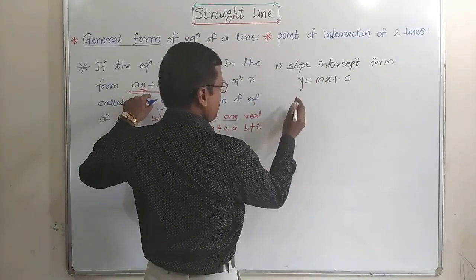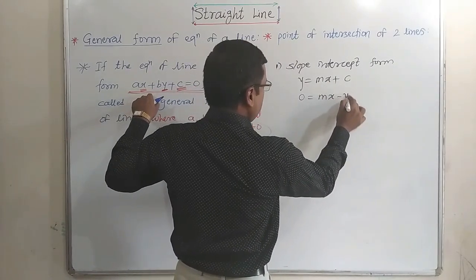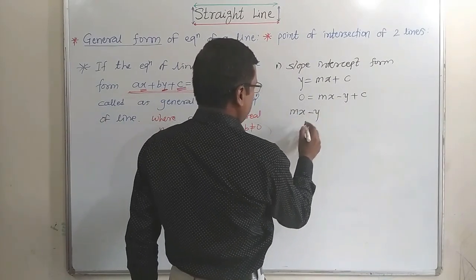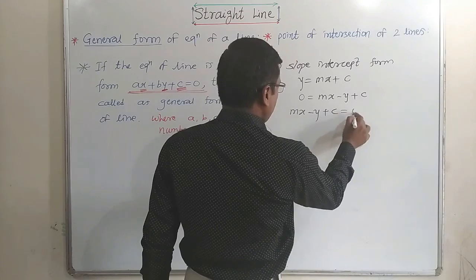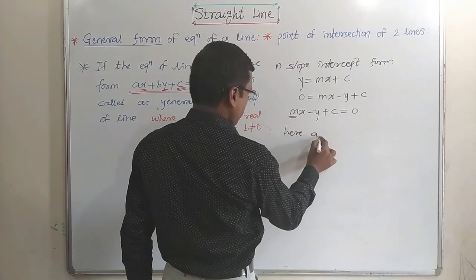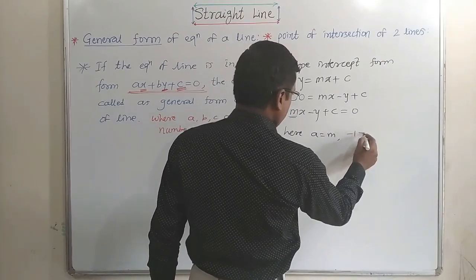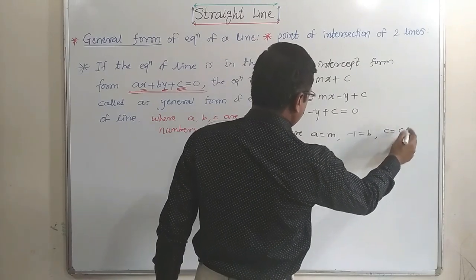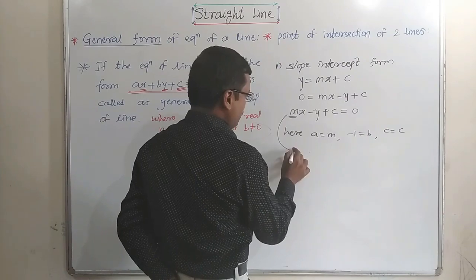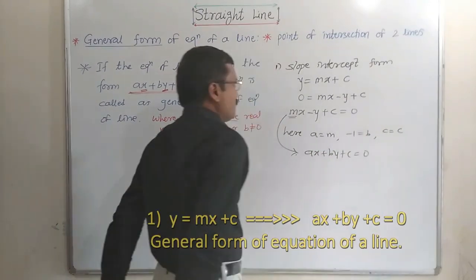Obviously, take this mx and this y to the right, therefore we get 0 equal to mx minus y plus c. Changing sides, we can write this as mx minus y plus c equal to 0, where here a is equal to m, b is equal to minus 1, and c is equal to the same c. Therefore, this equation can be written as ax plus by plus c equal to 0.